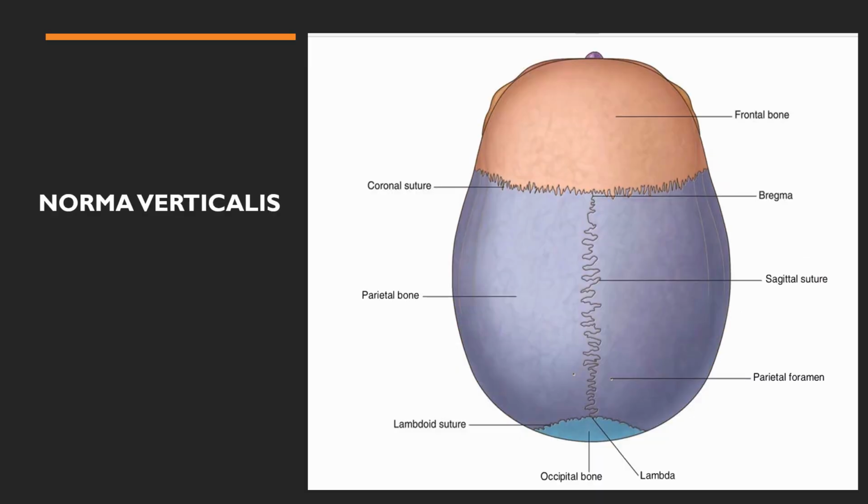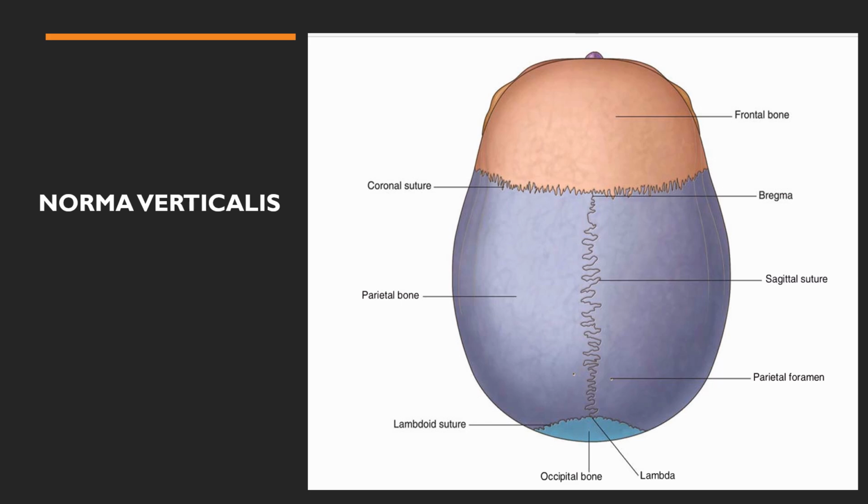Now let us explore the superior view of the skull, which provides a clear overview of the skull vault or calvaria, as we explained earlier in this presentation. This view is mainly formed by the two parietal bones, the frontal bone, and a small portion of the occipital bone at the back.